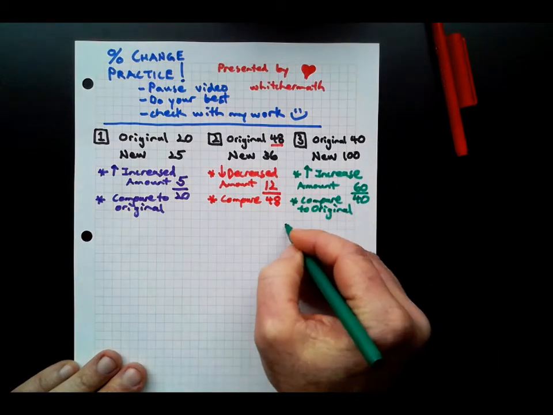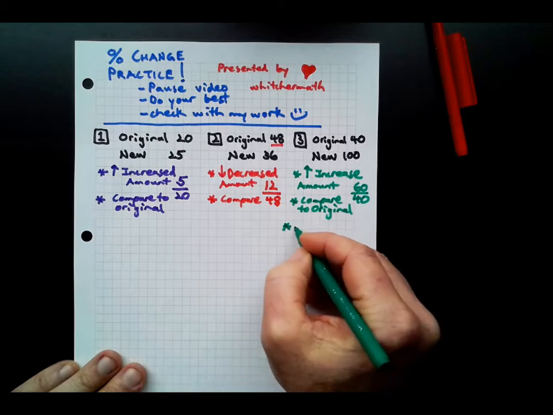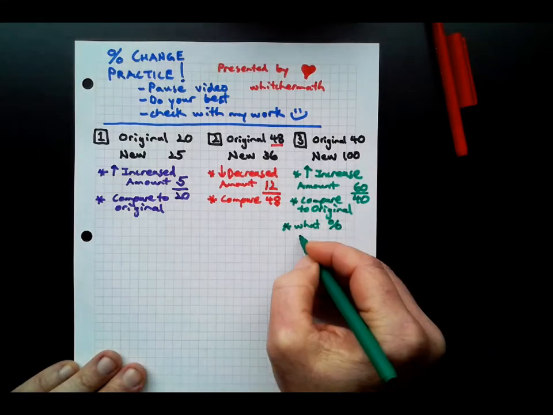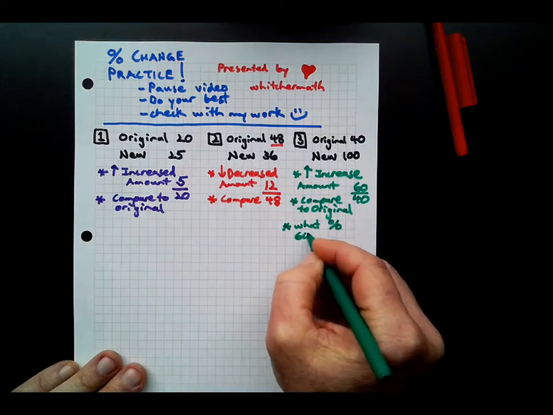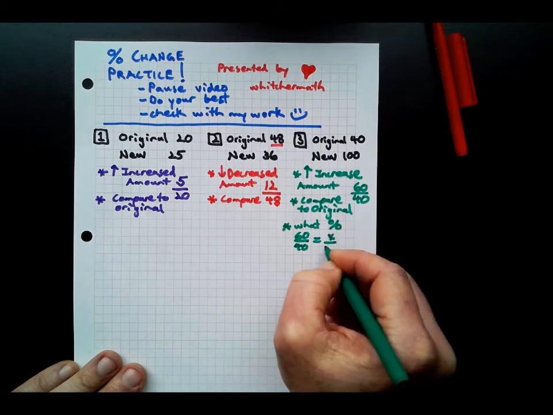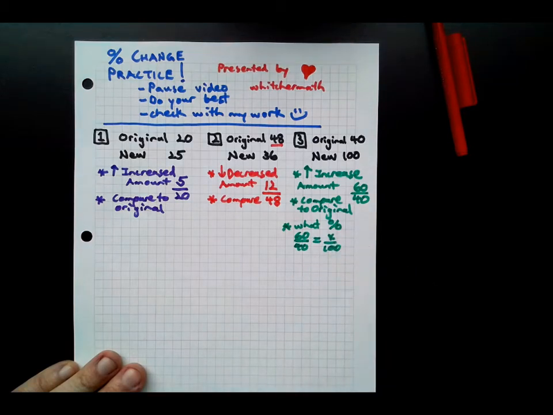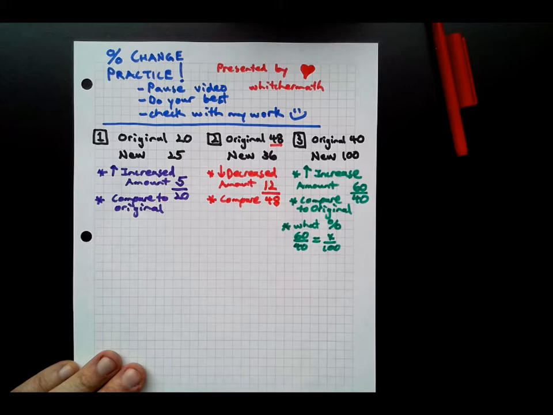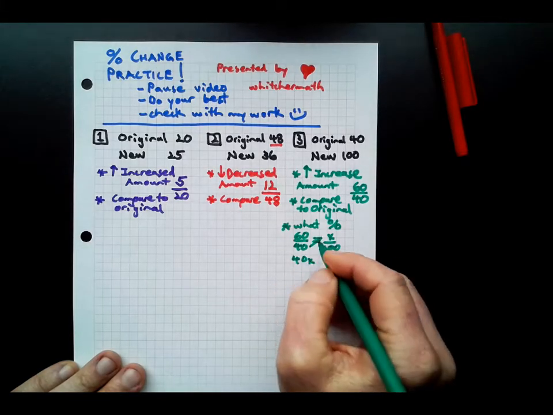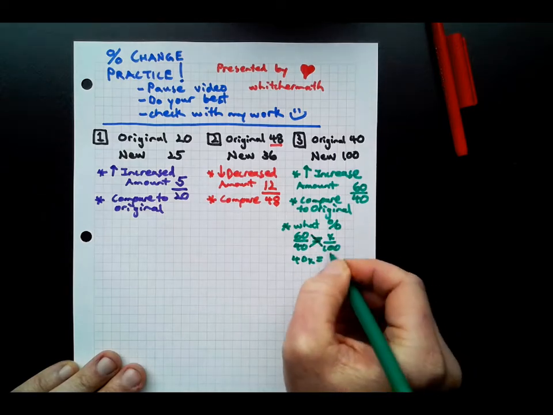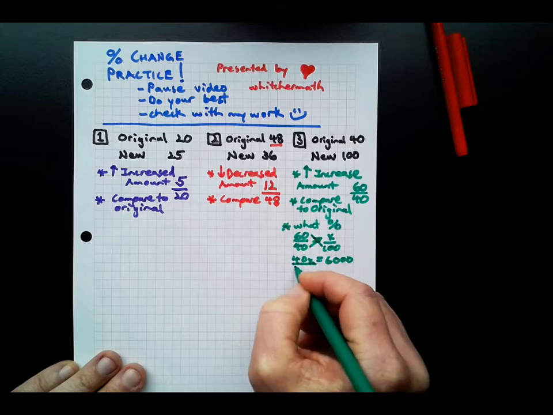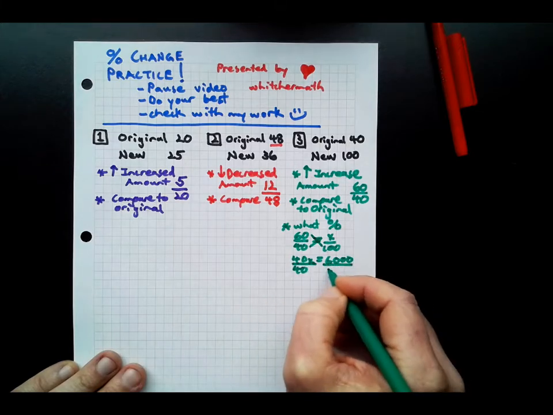Next step, figure out what percent that is. So I'm going to take my ratio comparing the change to the original and set it equal to x over 100, which means what percent. And let's go ahead and just cross multiply and solve this one just to demonstrate a different strategy. 40x equals 6,000. Then we divide by that coefficient there, which is 40 in this case.